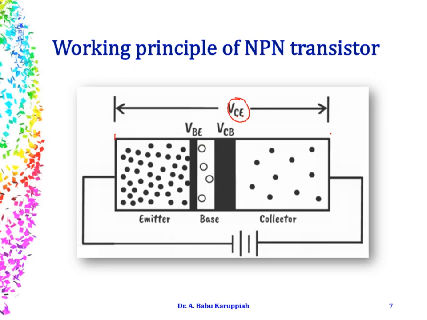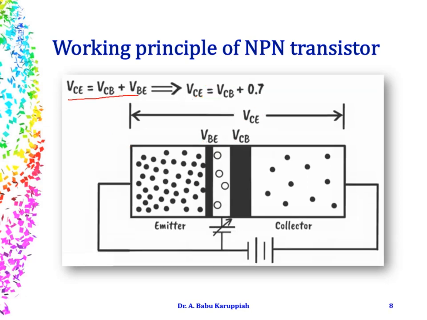The voltage drop across the base emitter terminals is taken to be VBE, and the voltage drop across the collector base terminals is denoted by VCB. As indicated earlier, the voltage drop across the collector emitter terminals is the summation of the voltage drop across the base emitter junction and the collector base junction.